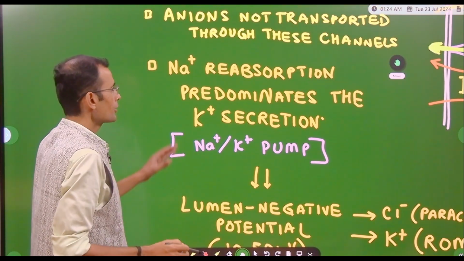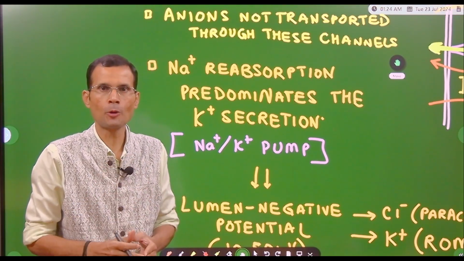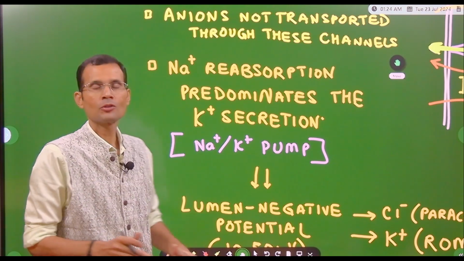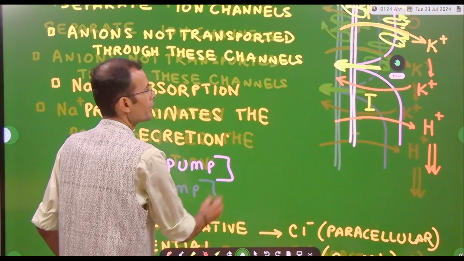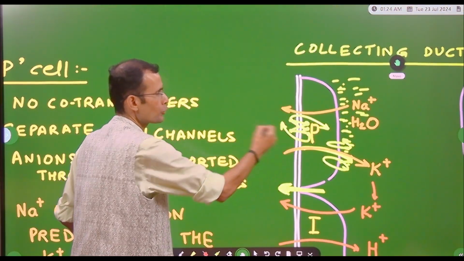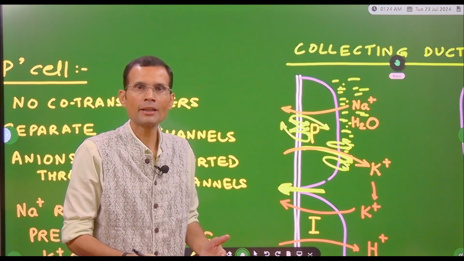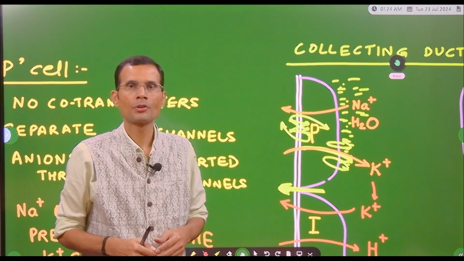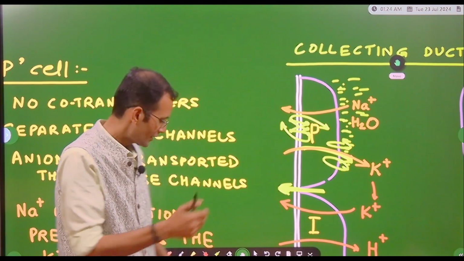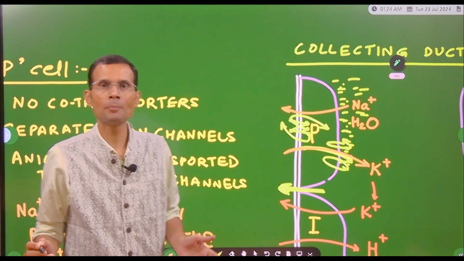And the third thing that you should know is that sodium reabsorption predominates over potassium secretion. Let's have a look here. Sodium reabsorption is quantitatively much more than potassium secretion. And what is the reason for that? The reason we discussed at the start of this video: the sodium potassium pump.